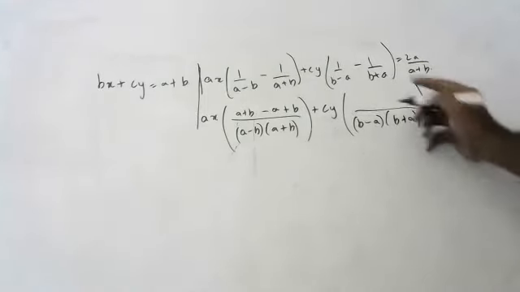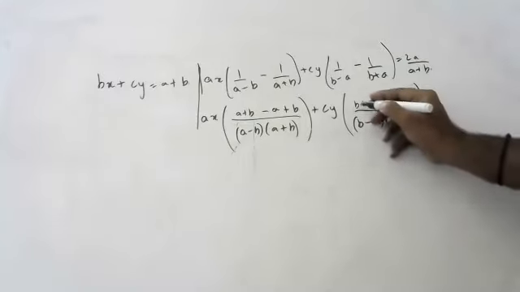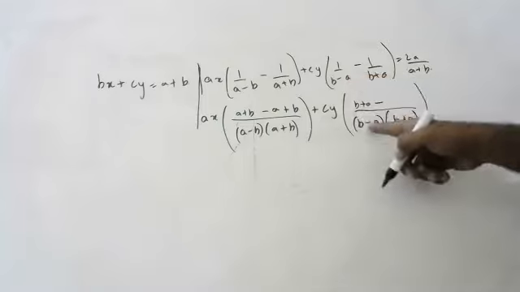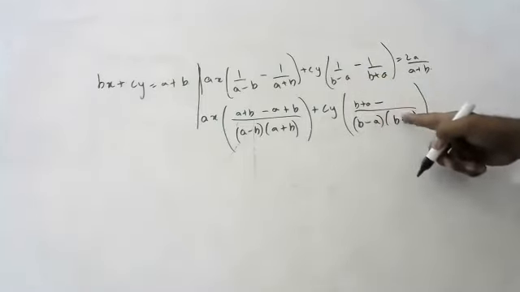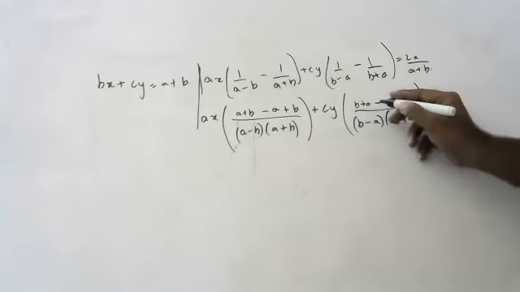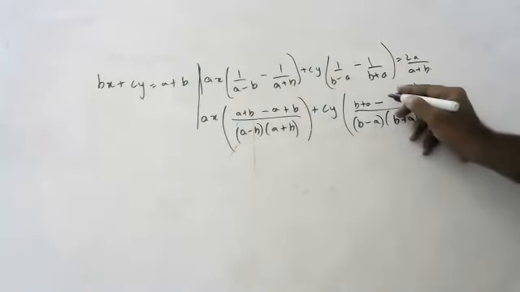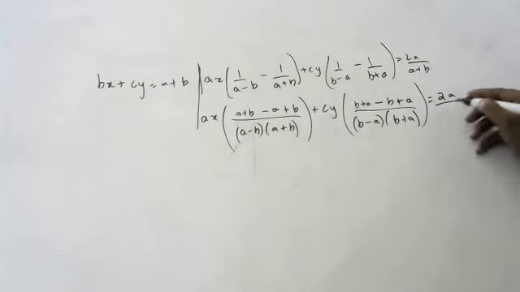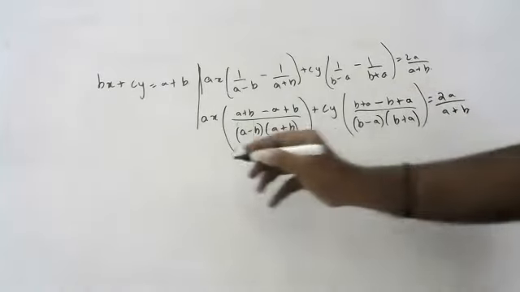Please see here, children. This gone, b plus a will come up. Minus this gone, this will come up. So how much, children? Minus b, minus of minus plus a, is equal to 2a by (a plus b). Okay, children, slowly you should do.